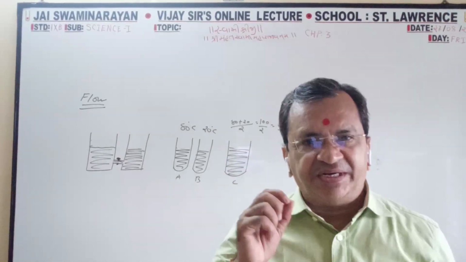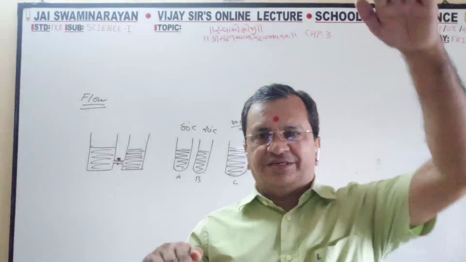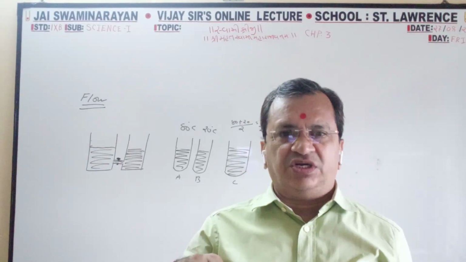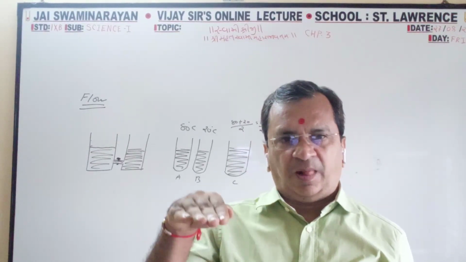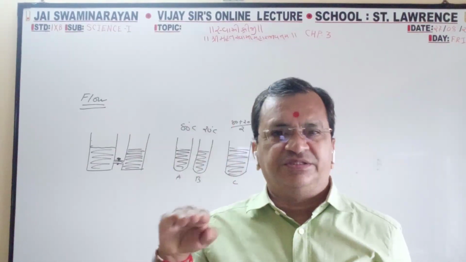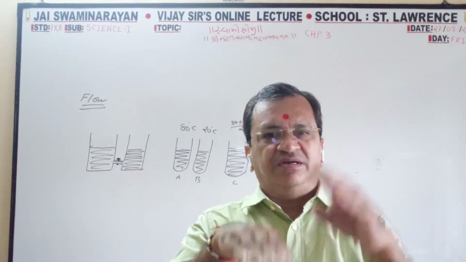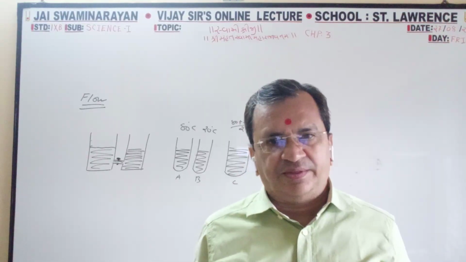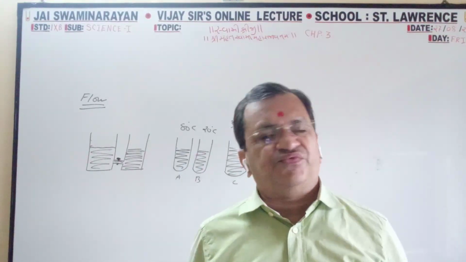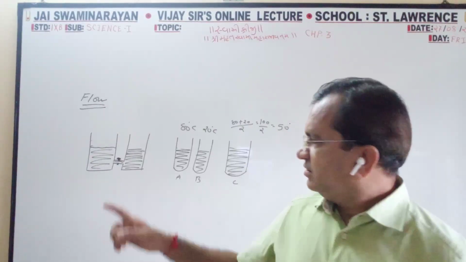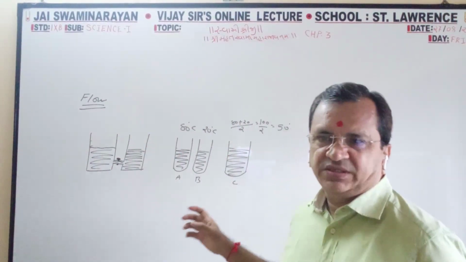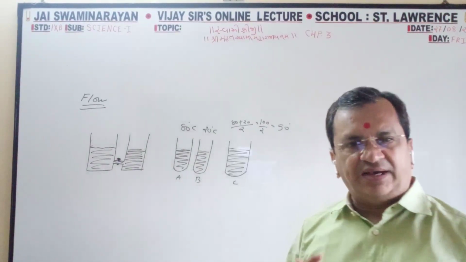Means the temperature of hot water slowly decreases, and the temperature of cool water slowly increases, and when it is equal, no flow. So for flow, the difference of level is a must. Here also the difference of level is a must.